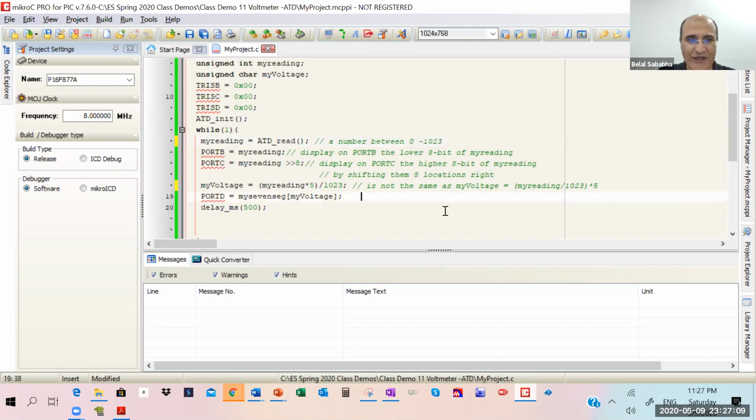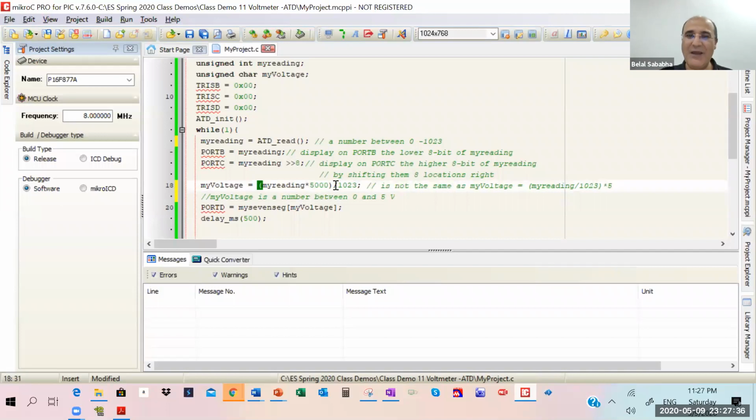But here, my voltage will be a number between 0 and 5, in volts, right? But if I multiply this by 5000, it will be between 0 and 5000 millivolts, right? It's up to you how to deal with it.